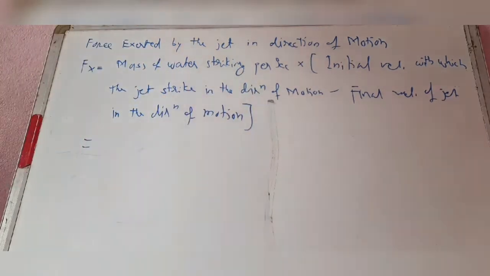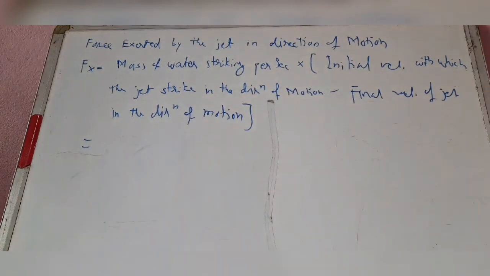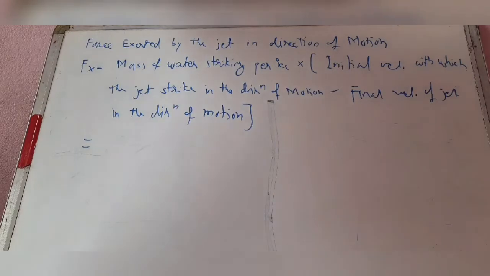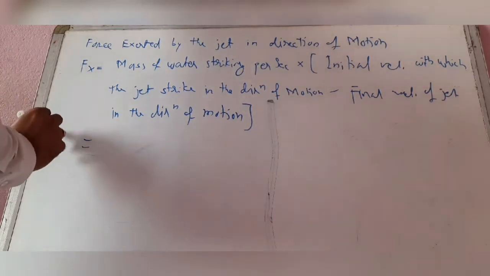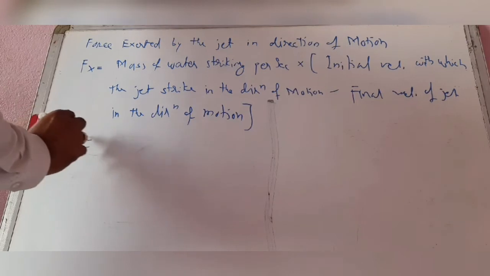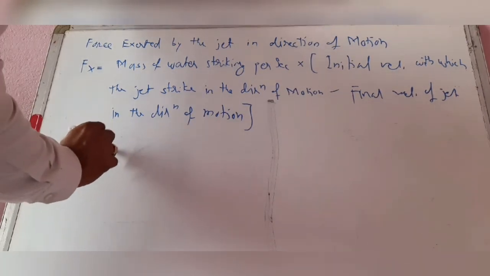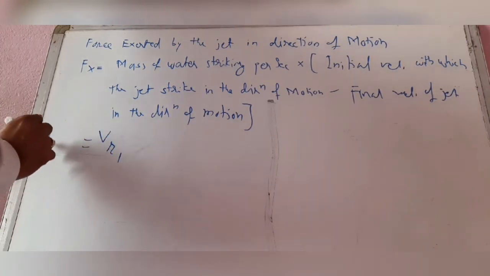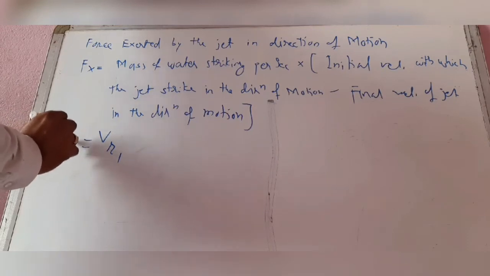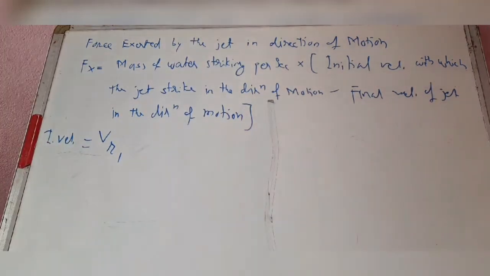So here, we know the initial velocity with which the jet strikes the vane is v(r1).